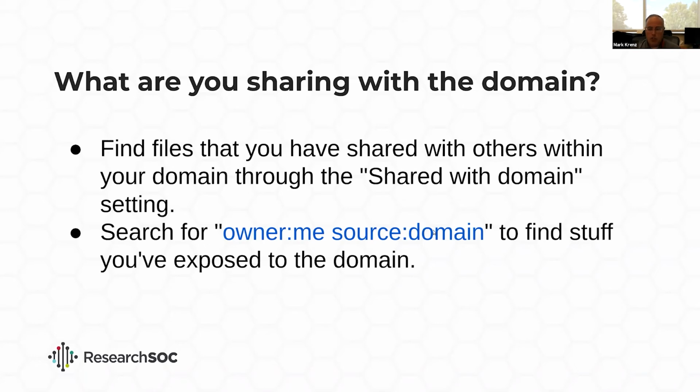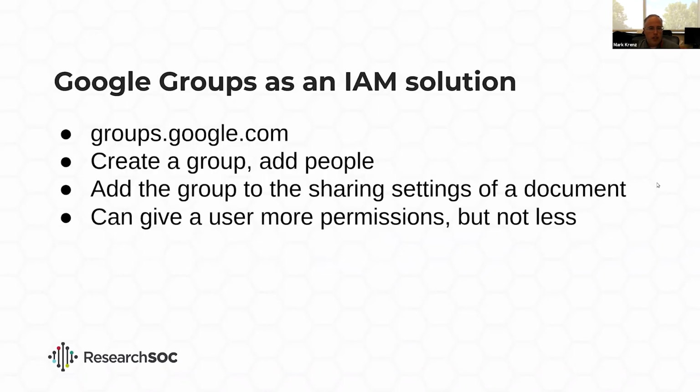What would show up would be stuff you're sharing with your institution. And you want to consider on all of these, do you mean to be sharing that with your institution? Because there's probably people going through and just searching for source:domain, trying to find stuff that people are missharing. This is something else that we discovered while we were writing the paper.